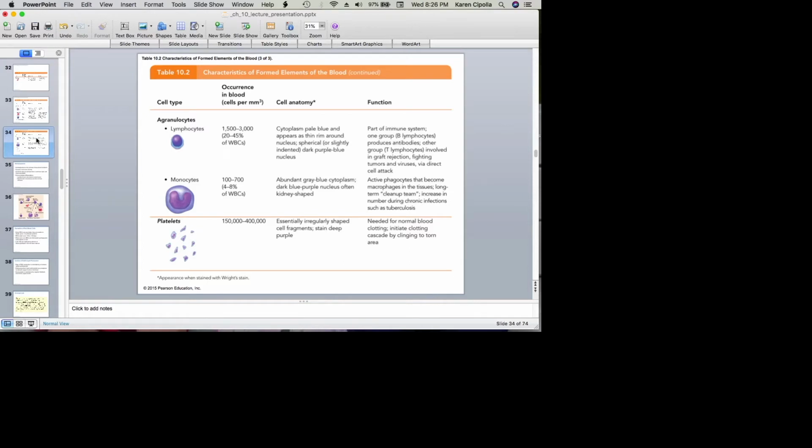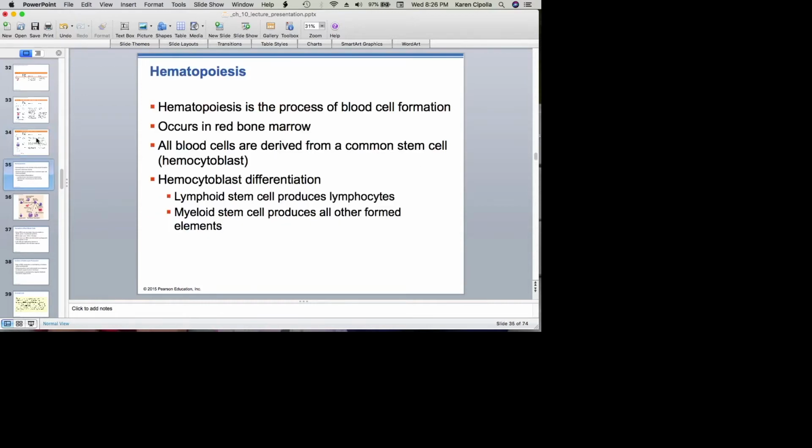Moving on, let's take a look at how these blood cells are formed. Do you remember from the bone unit, one of the functions of our big bones is blood formation or hematopoiesis. It occurs in the red bone marrow that lives in the medullary cavity of the long bones of your thigh and your ilium.